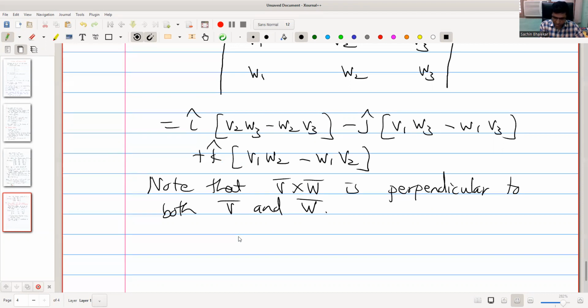Next, we are ready to define the curl of a vector field.